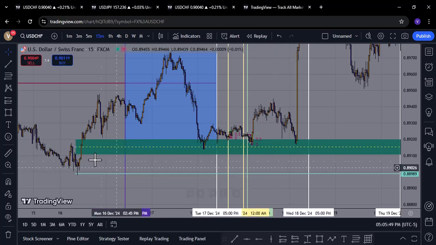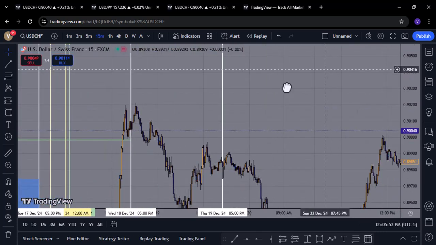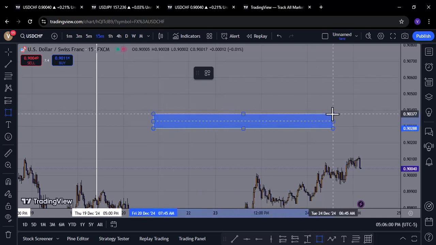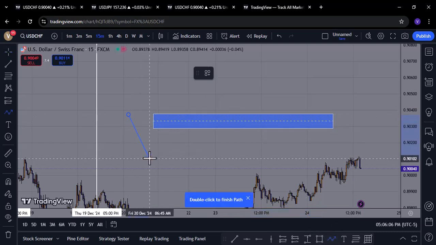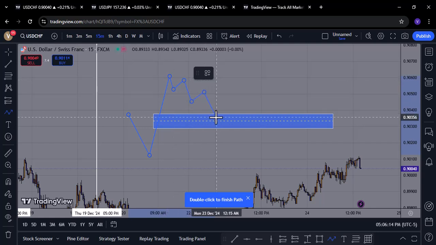So what I'm trying to say is that when a fair value gap forms, let me come somewhere and sketch. Sometimes you just illustrate with a sketch. Let's say this is a fair value gap and I don't know the time frame where it's forming. So this is the price leg. Price moves from here and forms this fair value gap, and all of a sudden it comes to it the first time and goes off.